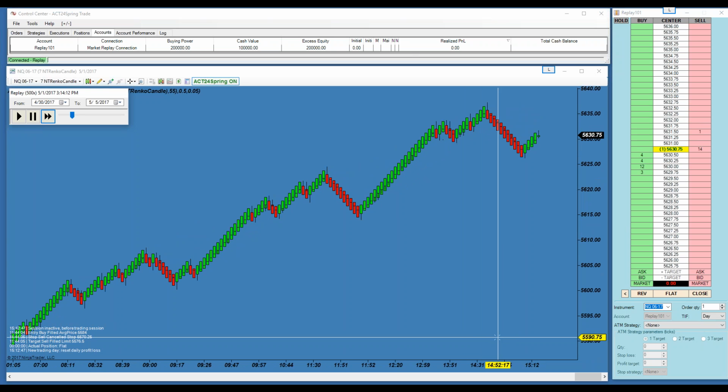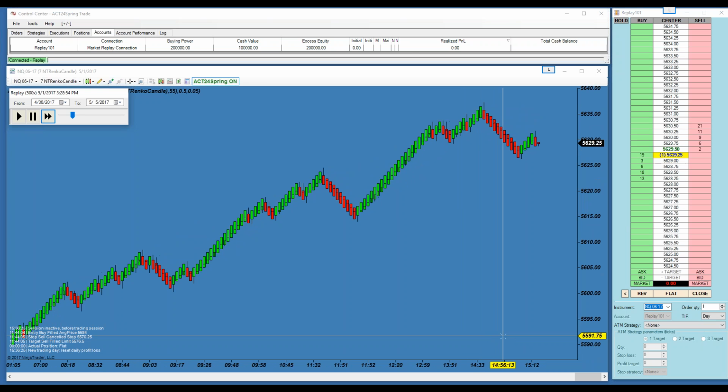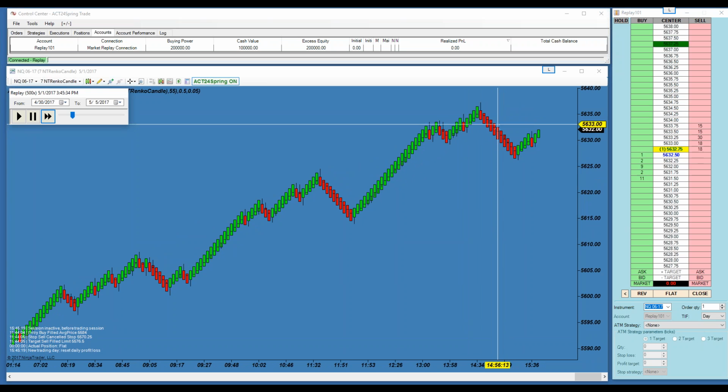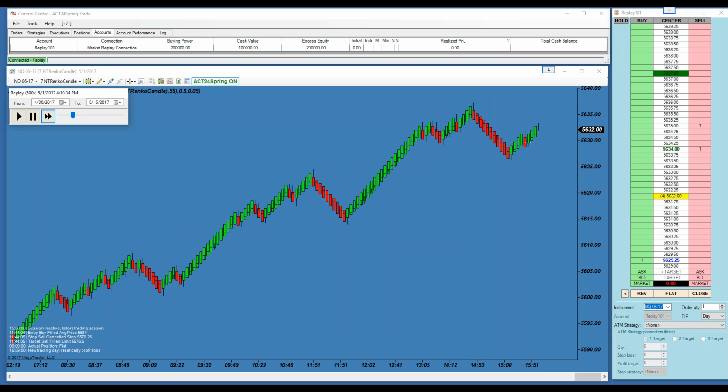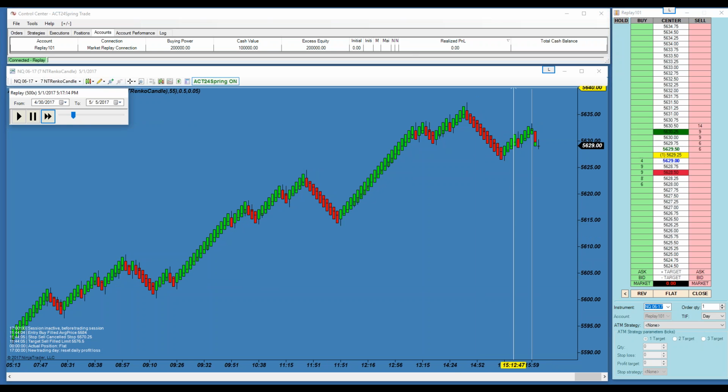All day long. It's the end of the day right here. 1500, system shuts off, and the market closes right after that. So no trading all day, straight up, no problem.